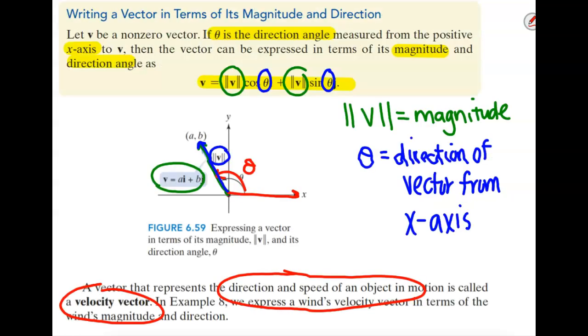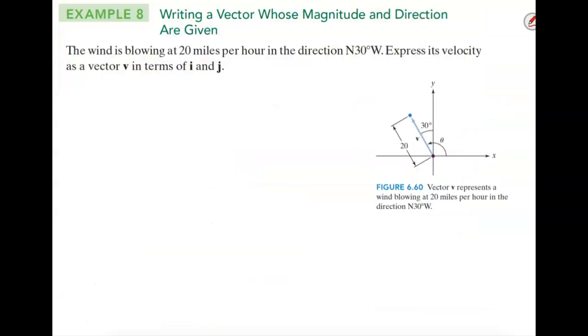So this formula right here. The first thing we have to find out is the direction angle. Again, it's from the positive x-axis. So this distance right here is 90 degrees.